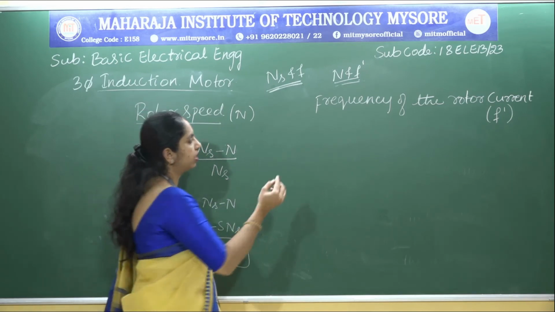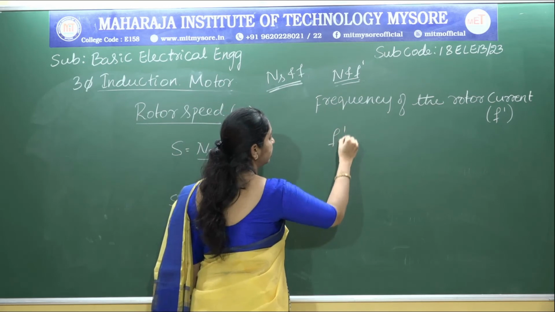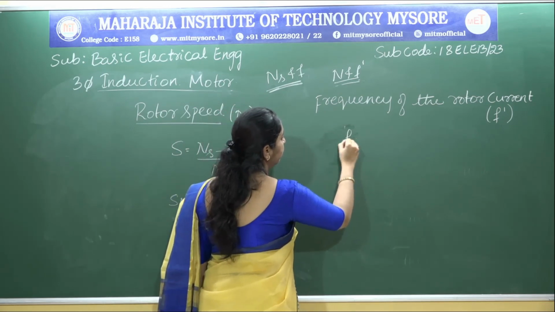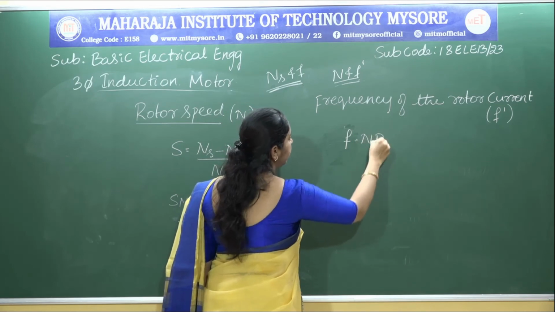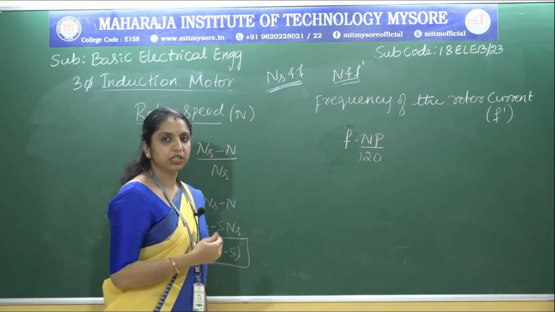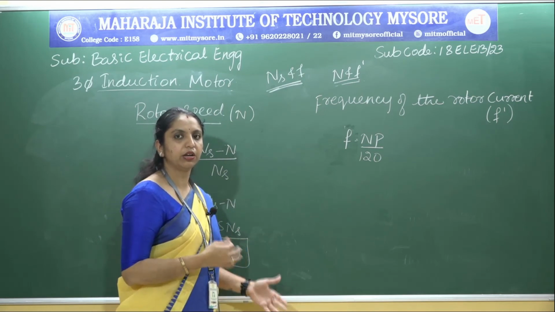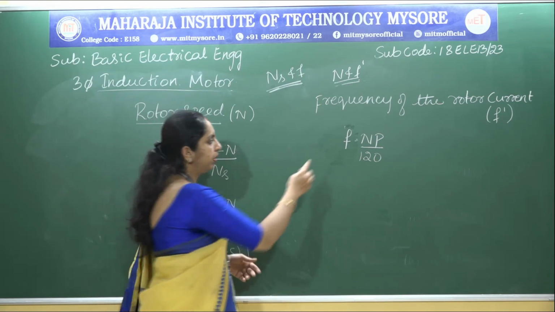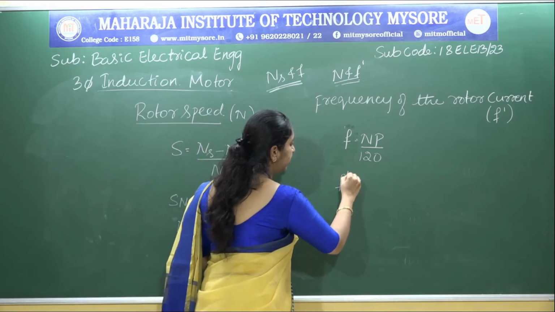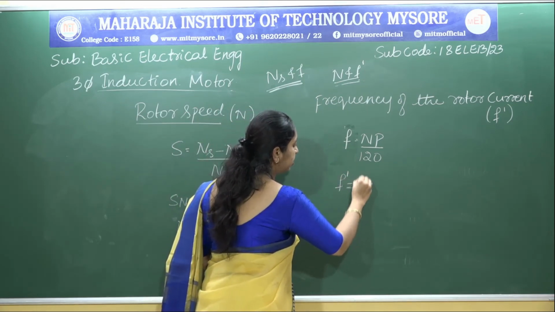So how do we get this f dash? Remember, as we have already learned, f can be expressed as np divided by 120. This is the general expression of frequency related to the speed and the number of poles. Similarly, we express f dash as follows.